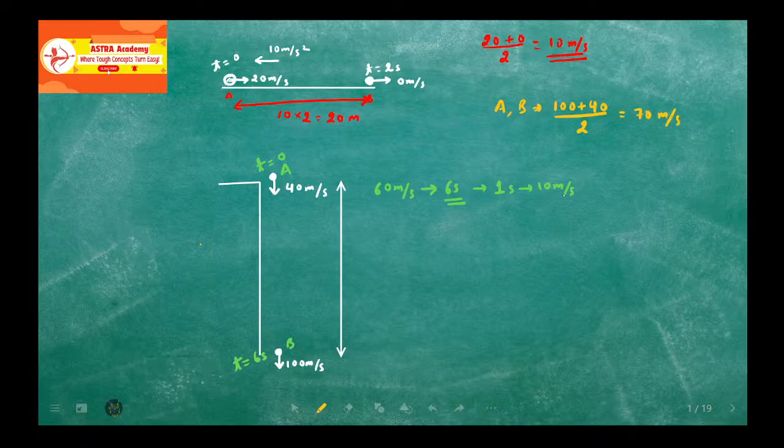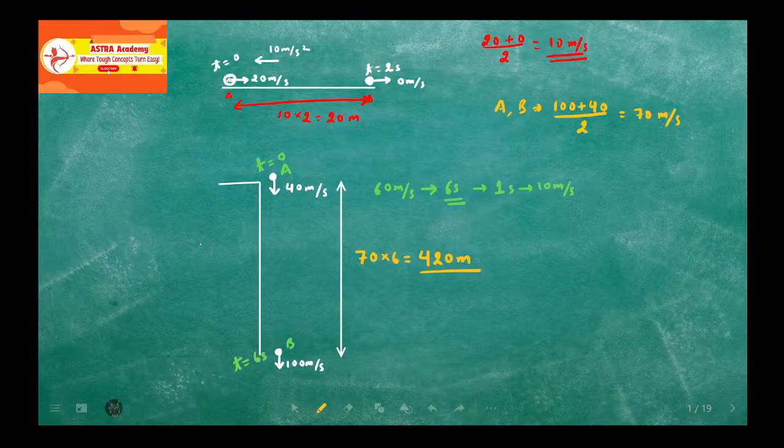The velocity will become 70 meter per second, right? Now I know the time, I know the speed, and just by multiplying the speed and time we can determine the height, that is 420 meter. Is it understood to everyone? We have already gone through these concepts in the last class. Is this trick understood to everyone?